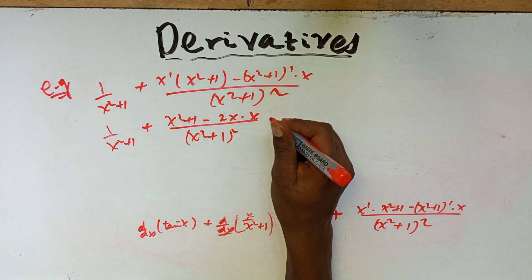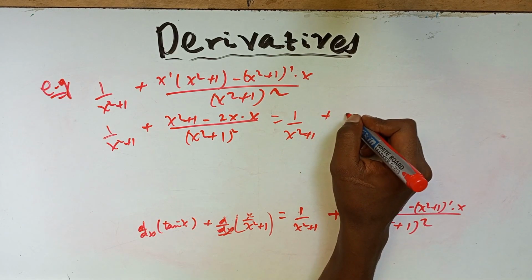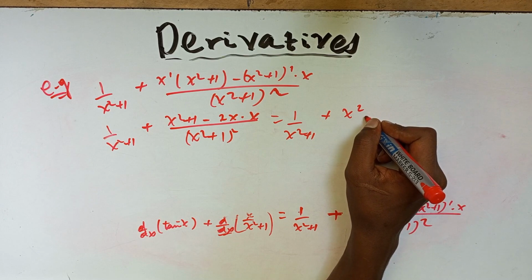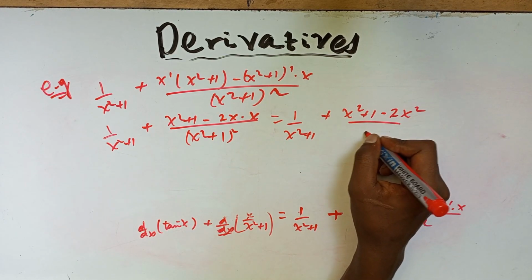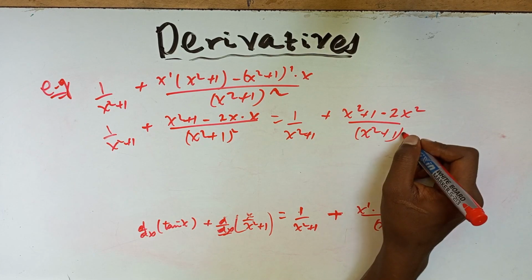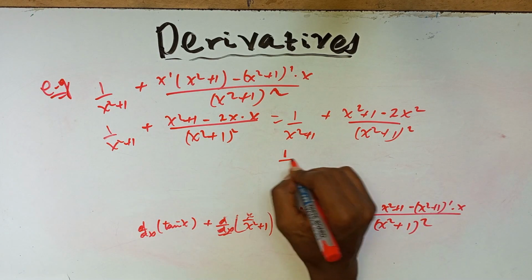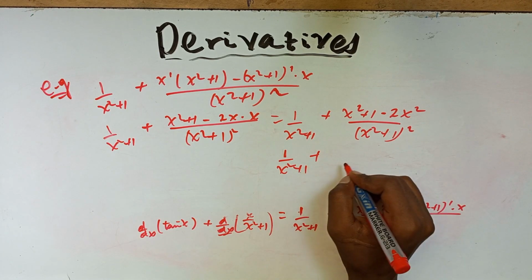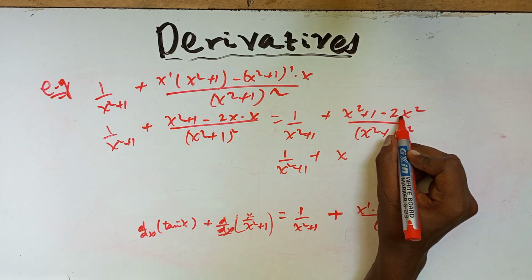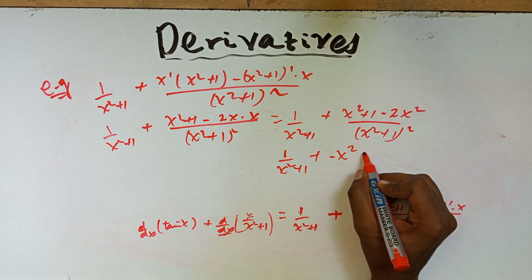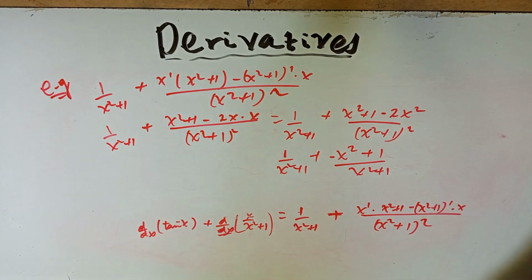Which is 1 over x square plus 1 plus x square plus 1 minus twice x square, over x square plus 1 the whole square. So this is 1 over x square plus 1 plus x square minus 2x square, which is minus x square, plus 1 over x square plus 1.